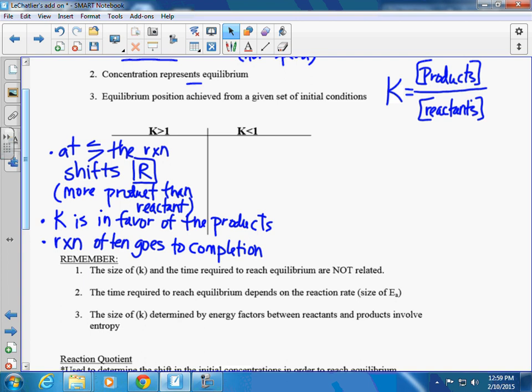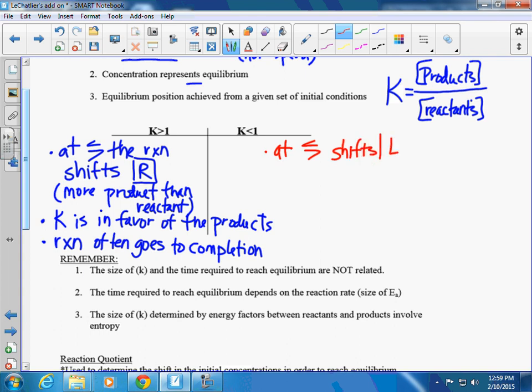Then on the other side, if K is less than 1, it's pretty much the exact opposite. So at equilibrium, the shift is going to be to the left. I need some more reactants to sustain that.